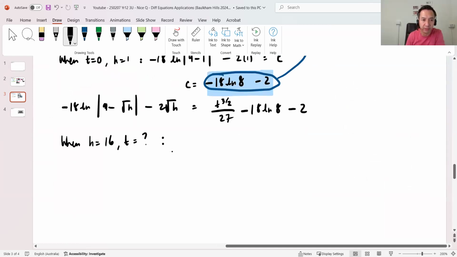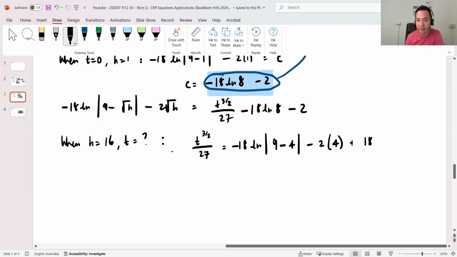Okay. So now I'll sub it in and I'll move everything over as well. So maybe I'll try to make t to the 3 on 2 over 27 the subject while subbing this stuff in. So it'll be negative 18 ln 9 minus 16. So that's 4 minus 2 times 4. And then plus 18 ln 8 plus 2. Right? So bring those two constants over.